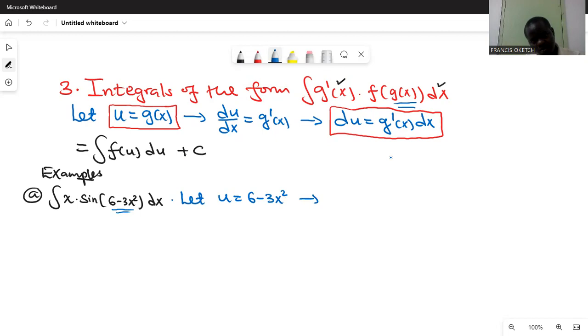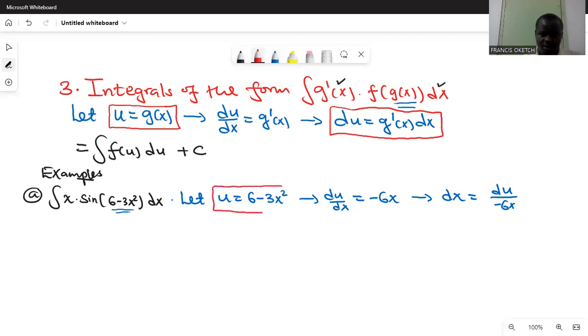So what about du? du dx will give us negative 6x. You can also make dx the subject. So dx in this case will be equal to du over negative 6x. So we are going to make these two substitutions: u is equal to 6 minus 3x squared, and dx is equal to du over negative 6x.